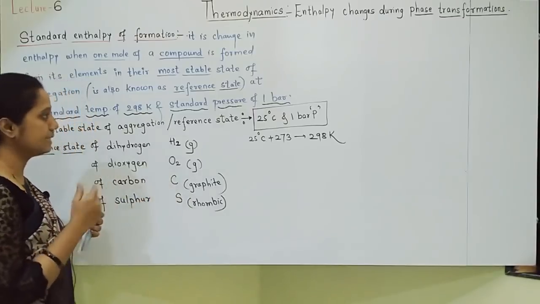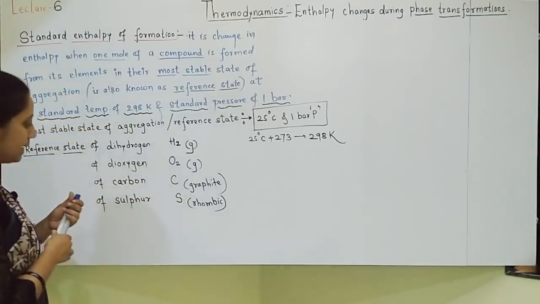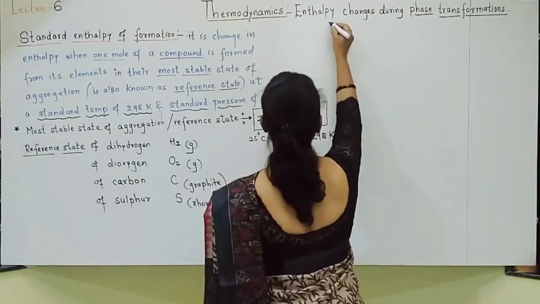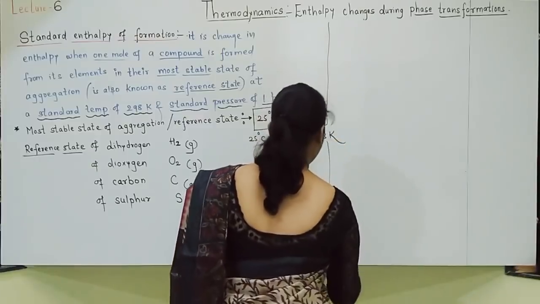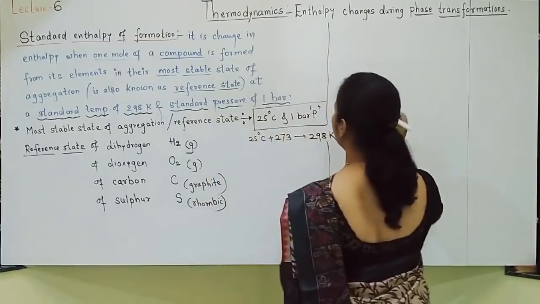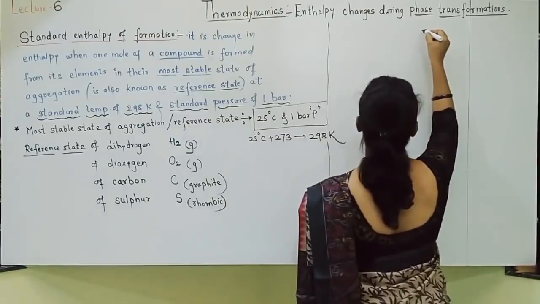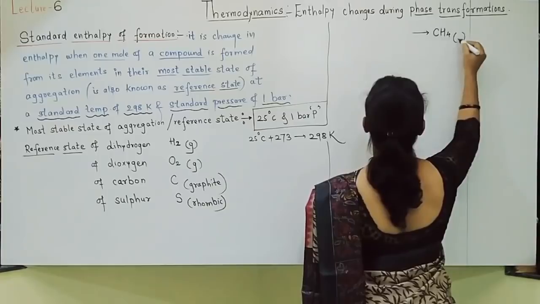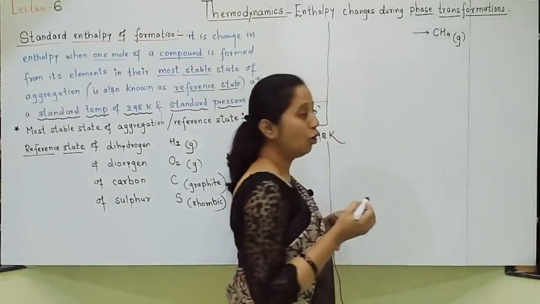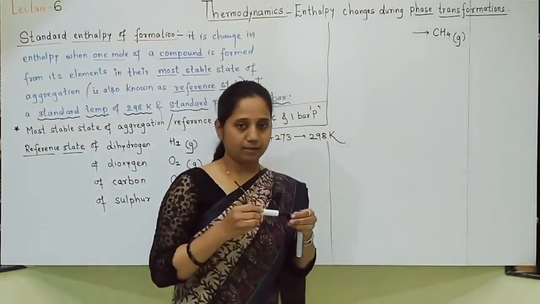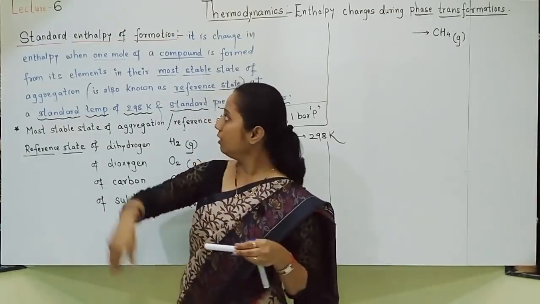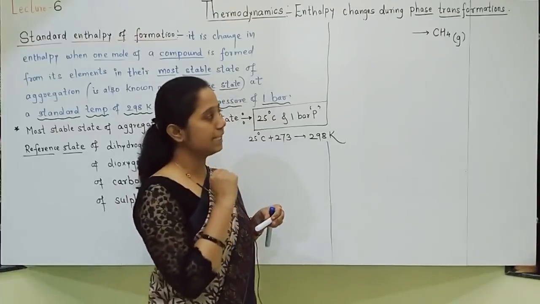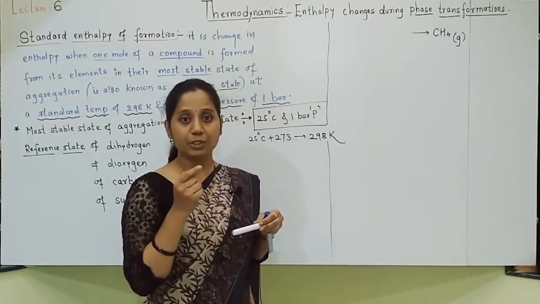Let us take an example to understand how to write the standard enthalpy of formation. Imagine that methane is forming. Methane is a gas. I want to write the equation for the standard enthalpy of formation of methane, CH4.